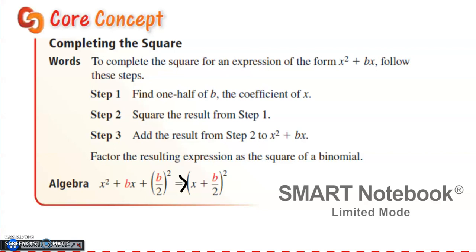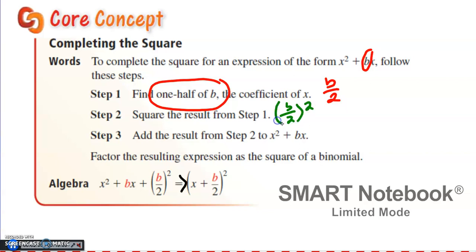So it says step 1, we want to take 1/2 of b, the coefficient of x. Remember, b is this value right here, right? 1/2 of b is going to be that value right here. So we're going to take half of that. Then we're going to square that result from step 1. So if we took half of b, right, it would be b over 2. We're now going to square that. So it's going to be (b over 2) squared.